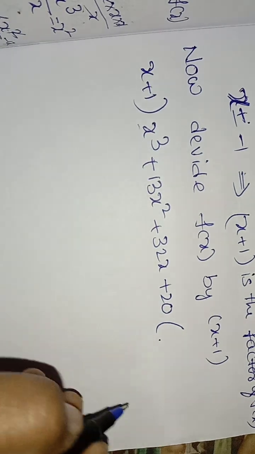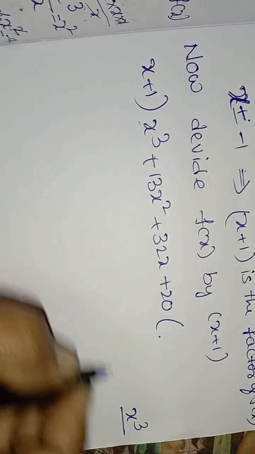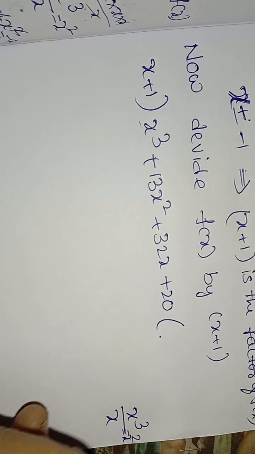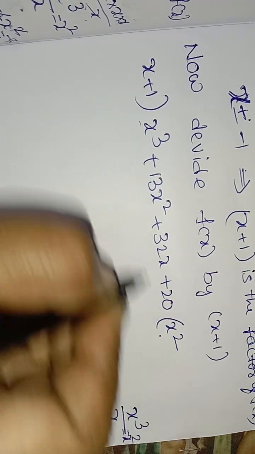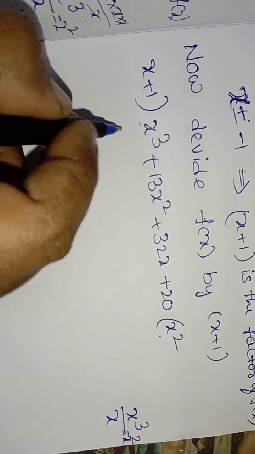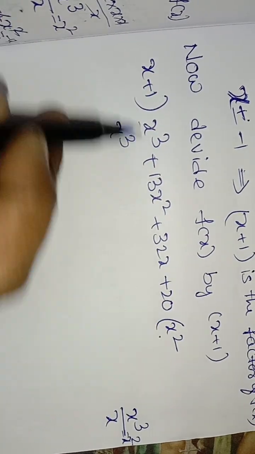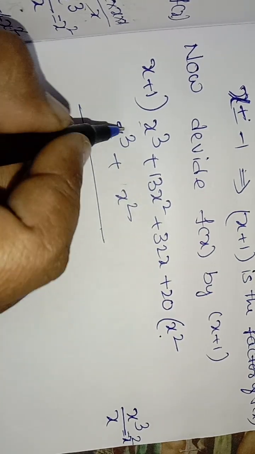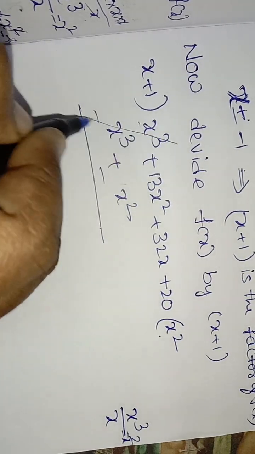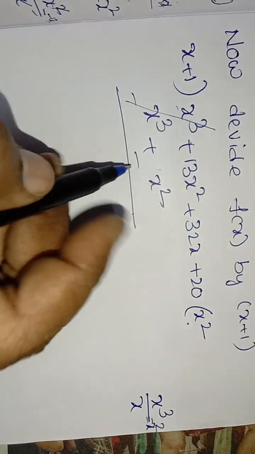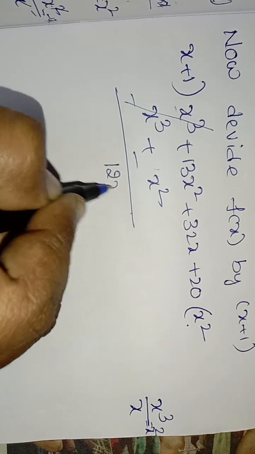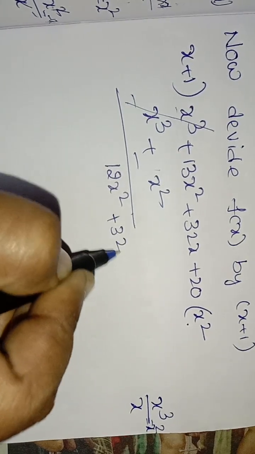Take first term of your dividend, x cube I got, and the first term of your divisor, x. So what you will get here? x square. So x square into x cube, x square into 1 plus x square. Okay, it is 1 only directly. Change the sign, will get cancelled here. What you will get? 13 minus 1 plus 12x square plus 32x.